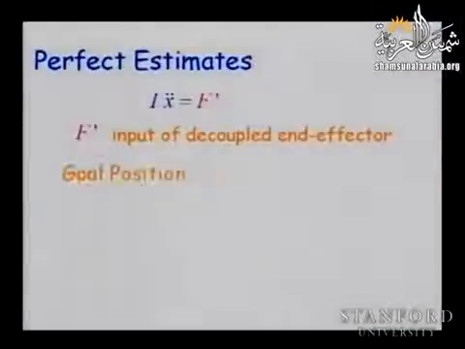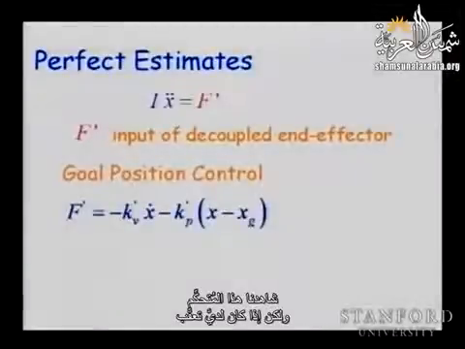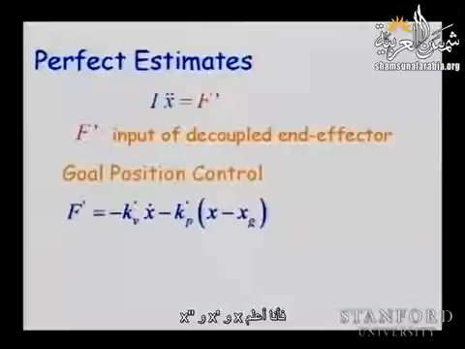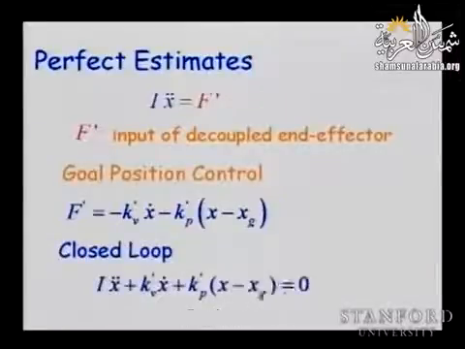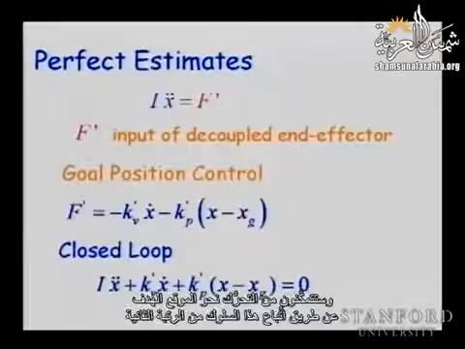So if I have a goal position, we saw this controller, but if I have tracking, I know x, x dot, and x double dot. For the goal position controller, your behavior is linear and decoupled, and everything is going to let you move to the goal position following this second order behavior.